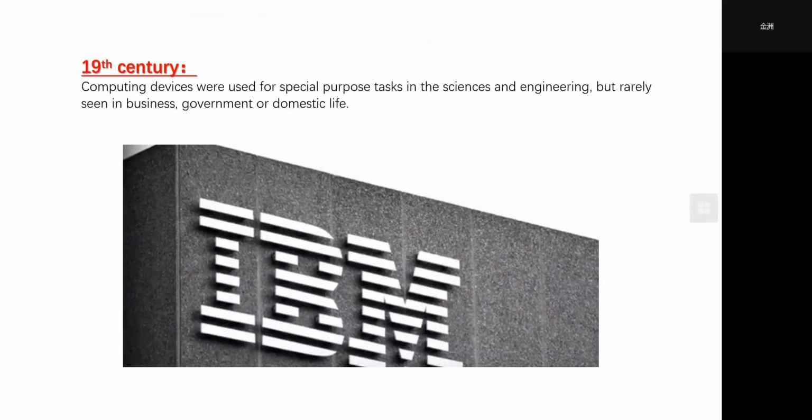And then until the 19th century, computing devices were used for some special purpose tasks in science and engineering, but rarely seen in business, government, or domestic life. That is, in some special domains.